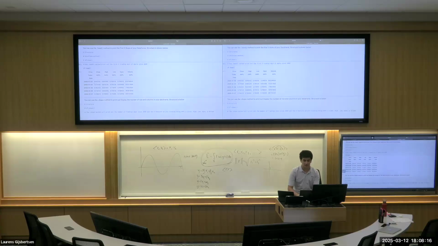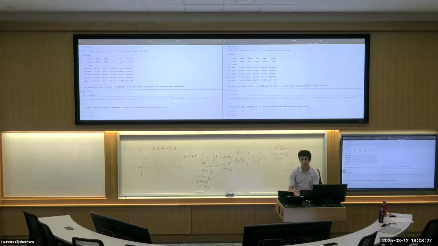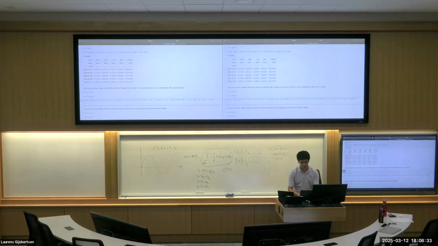And so these are actually the first 5 trading days in the year 2000 for Apple. You can see it's close, high, low, open, volume. If we want to see the structure, we can use the .shape attribute.